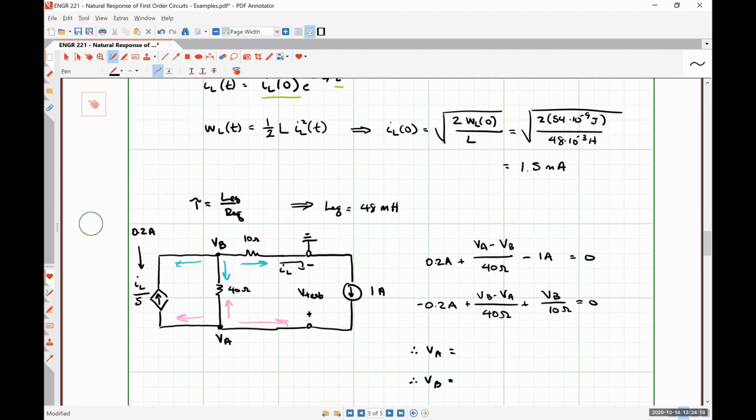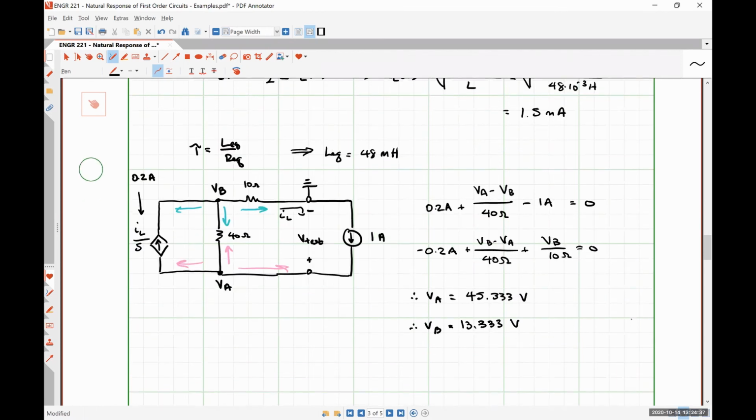I get 45.333 volts for VA and 13.333 volts for VB.